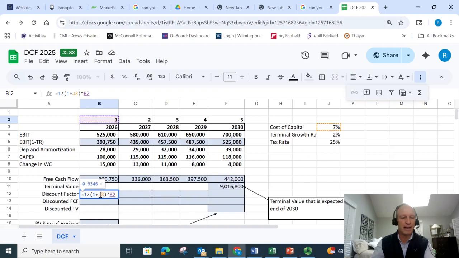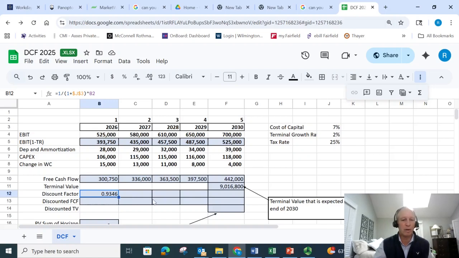But I'm going to lock down this J3 number because I'm always referencing that. So that's my F4. Now I'm going to hit enter. I get 0.9346. So the present value of $1 to be received a year from today is 0.9346, 93 cents and 46. And I'm just going to drag this across all the way to here.